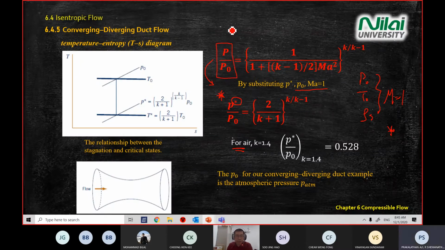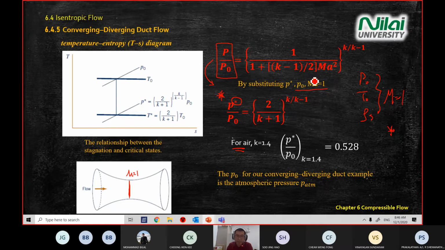Sir, so we no need to calculate the Mach number? No. You need to calculate the Mach number when you don't know the Mach number at that particular location. So you use the first equation, the previous three equations, to find it. And if the question asks you about a choke point, the keyword is choke point, meaning that the Mach number at this location equals 1.